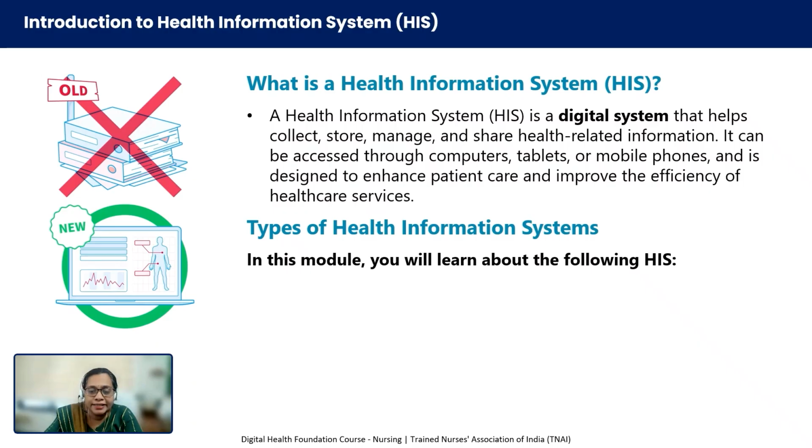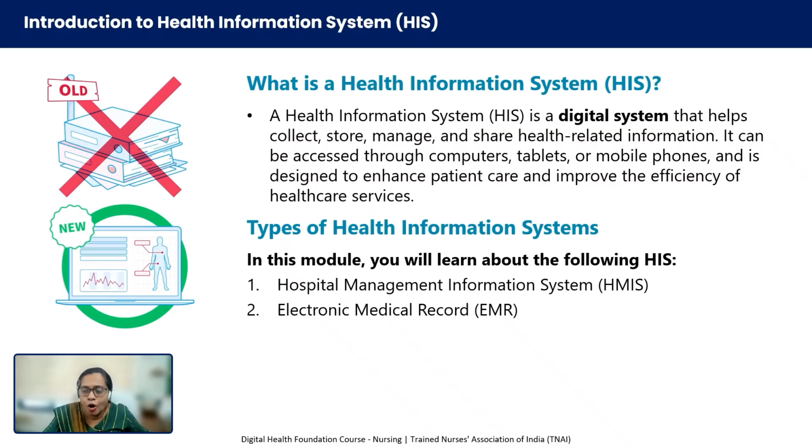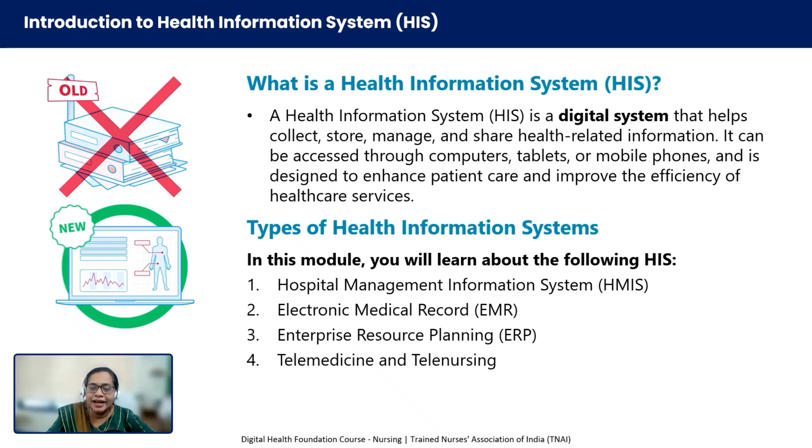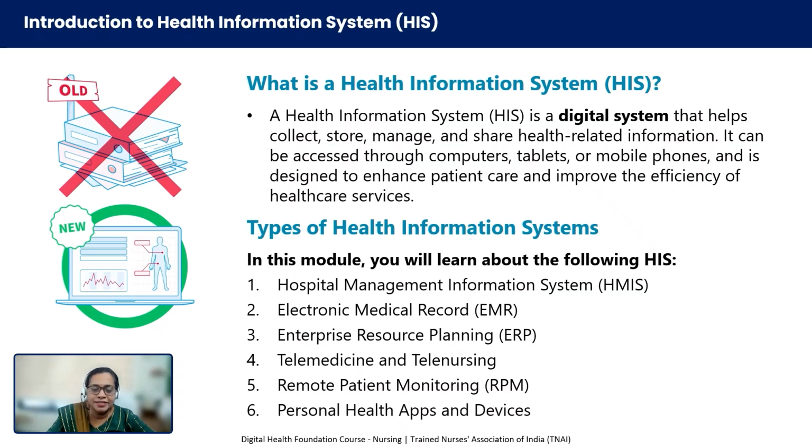Now, as we move ahead in this particular module, you will learn about 6 key types of health information systems, which are commonly used in hospitals and clinics today, and with which you may already be familiar. First, Hospital Management Information System or HMIS, Electronic Medical Records or EMRs, Enterprise Resource Planning or ERP systems, telemedicine and telenursing platforms, remote patient monitoring or RPM systems, and personal healthcare apps and devices.